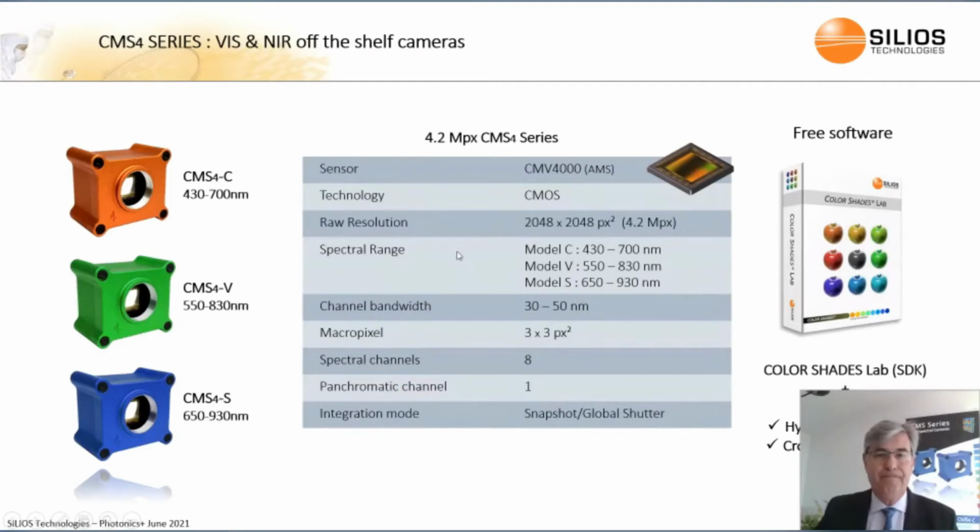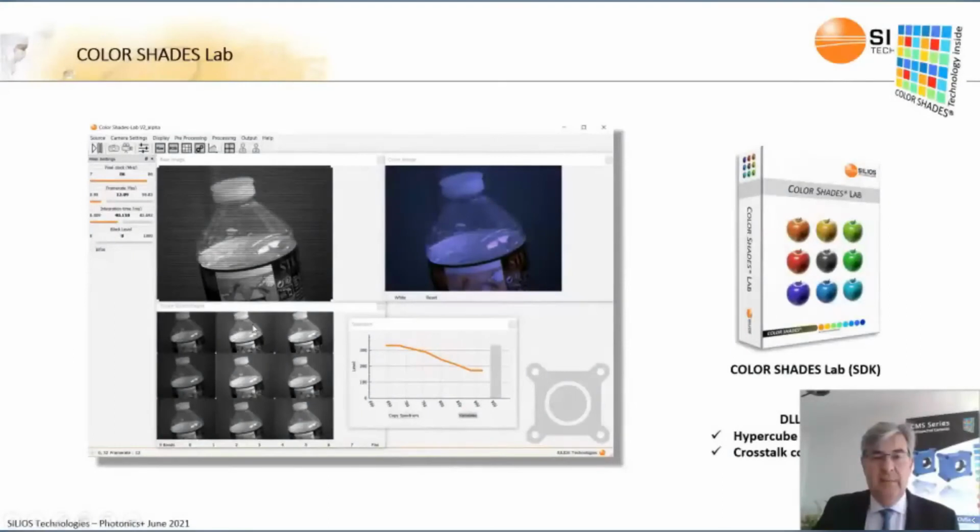So this is an example of a screen of what the Color Shades Lab SDK provides. It provides you the raw image. It provides you the image channel by channel. And it provides you the false color image, but it can provide you, let's say, a processed image, because we have some processing functionalities in the software.